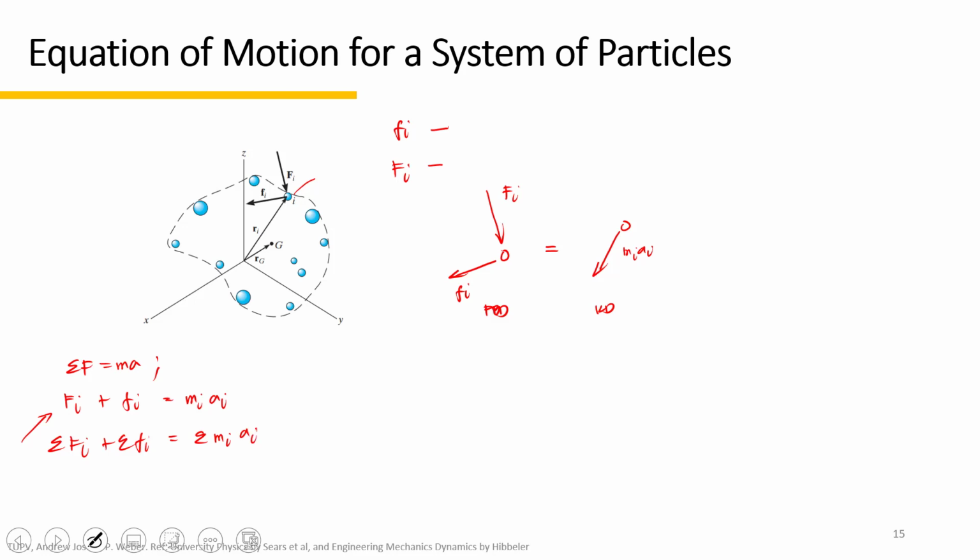Now, if we evaluate the net internal forces, this is equal to 0 because the forces that exist between any two particles occur in equal but opposite directions. Therefore, the internal forces between any two particles equate to 0.